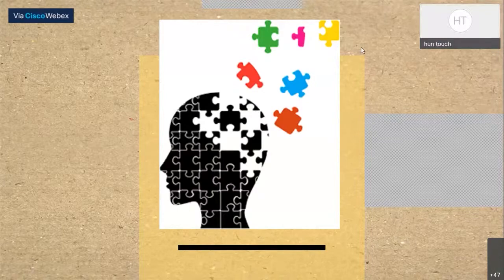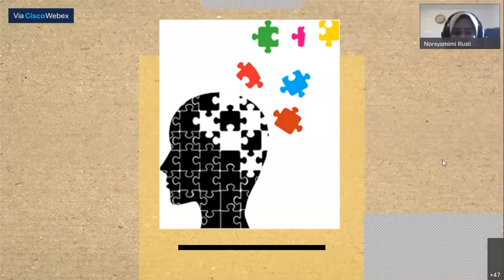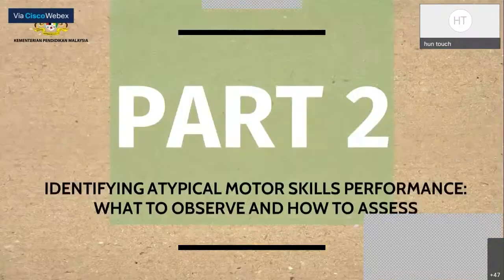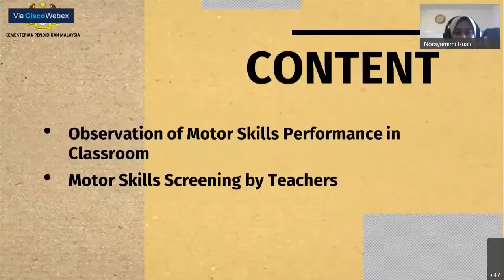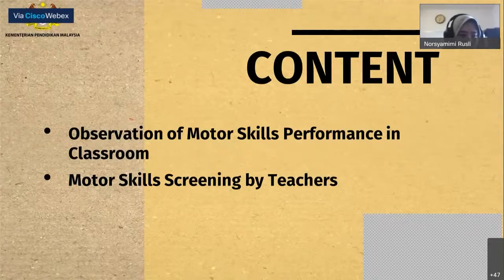On to our topic today. This is the outline of today's sharing, in which we are going to learn what to observe and how to do screening for the students.